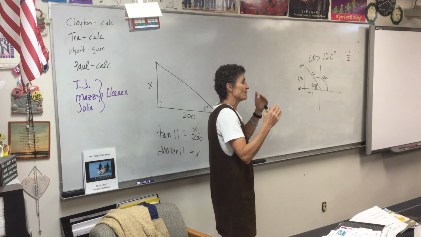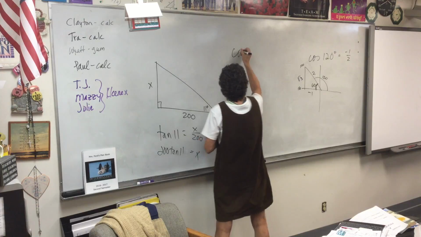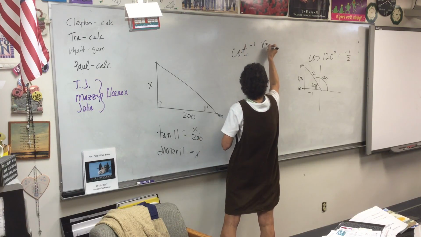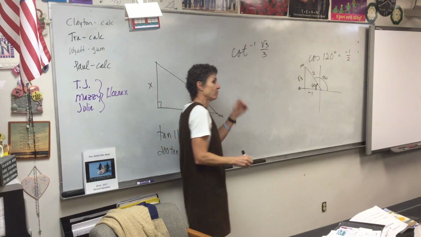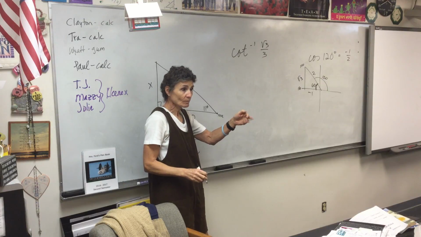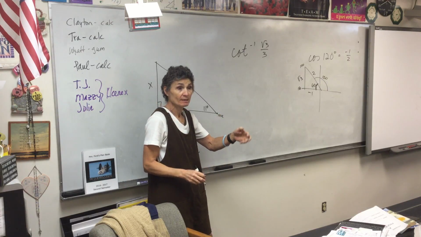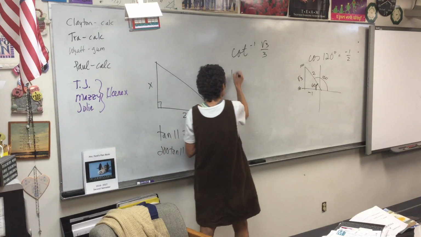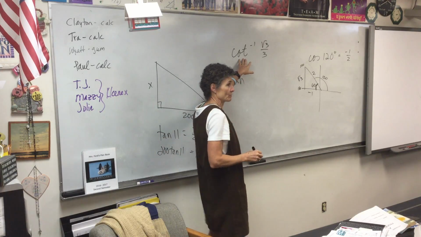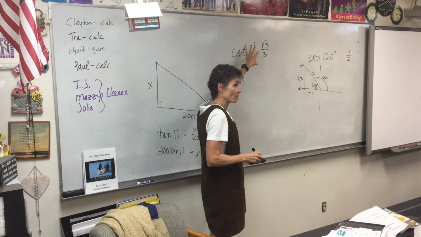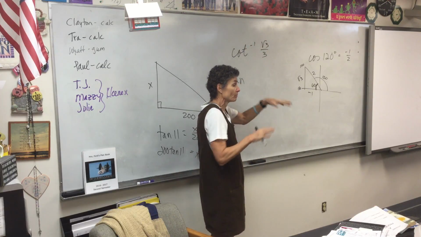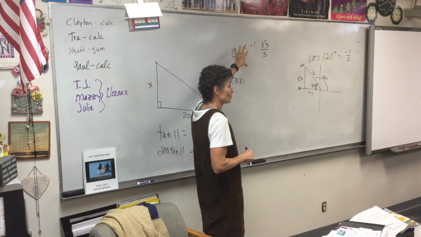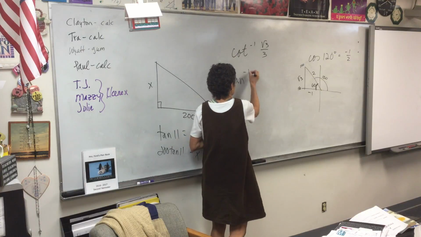But if you know what this means, you are looking for the angle whose cotangent is √3/3. I don't have rules for this. These are the ones that have rules. Remember quadrants, you're only in certain places. I have rules for this.